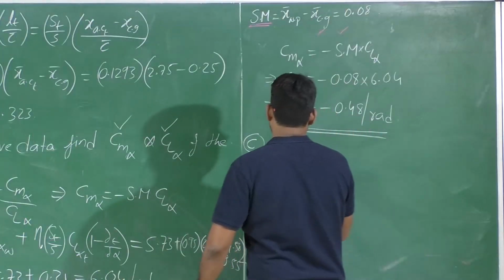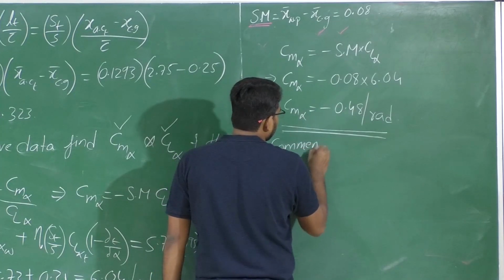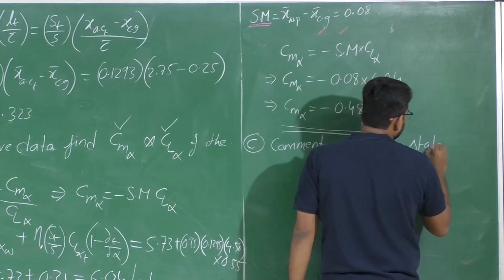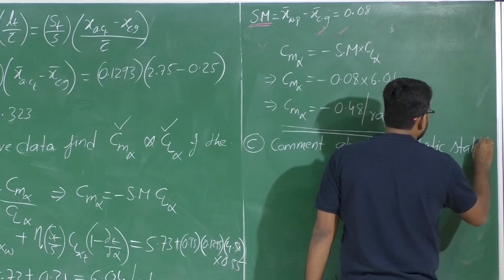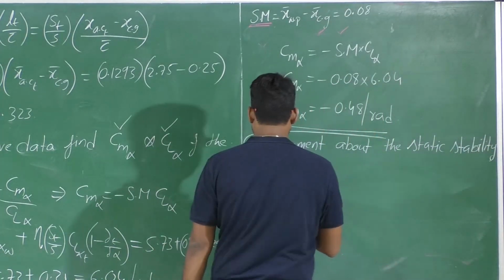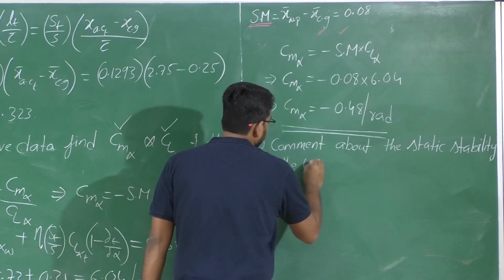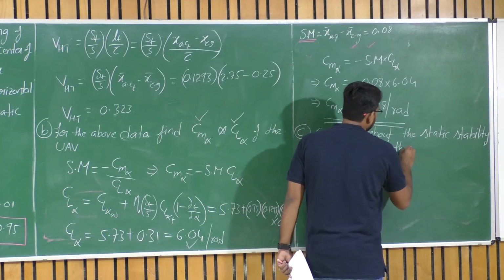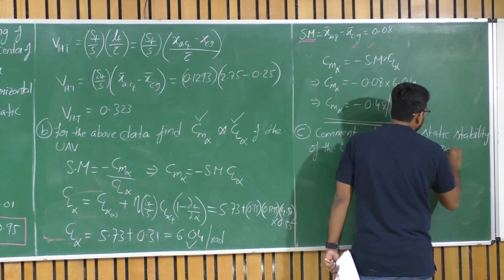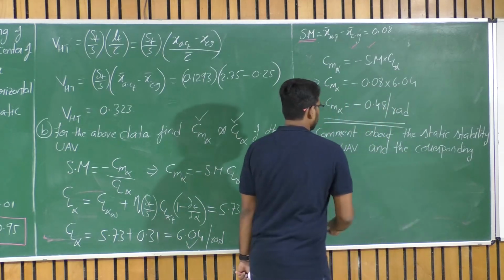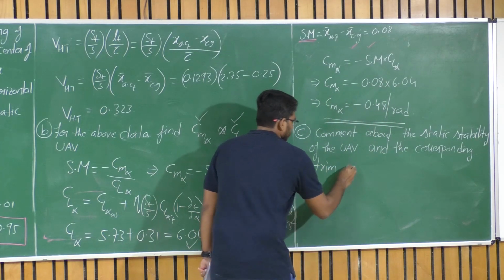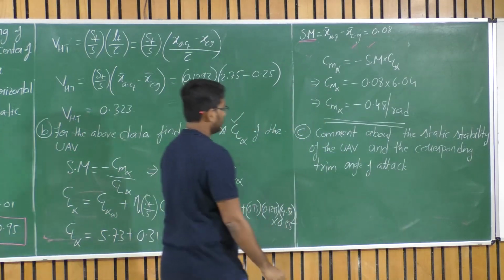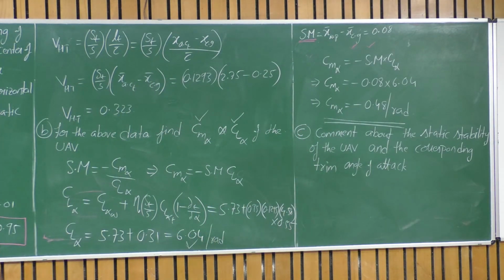Part C is, comment about the static stability of the UAV, and the corresponding trim angle of attack. We need to find that, right?